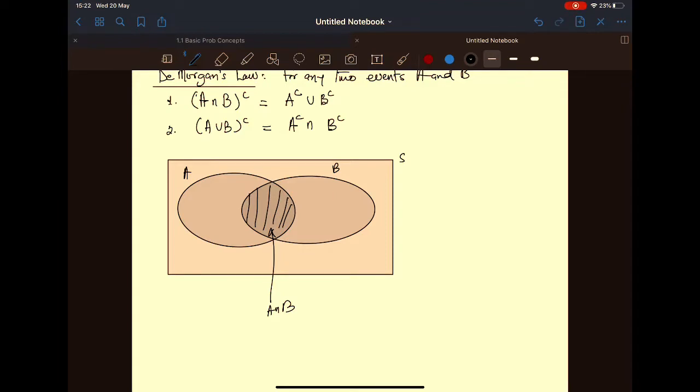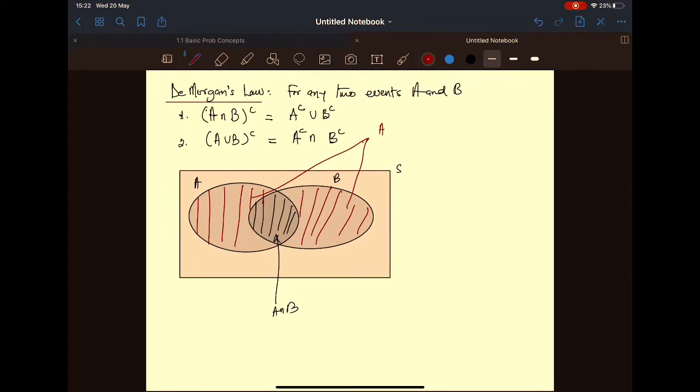Now, if we find the complement thereof, the complement of it is the region in red. The region in red is A complement union B complement.